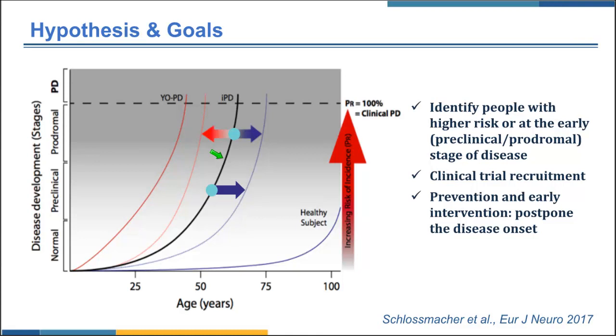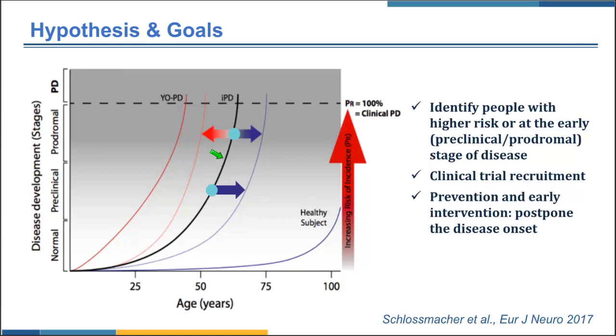So most PD patients will have motor onset around the age of 60 or so. As they get older, they will change from the normal state to having some preclinical traits, and maybe some prodromal symptoms before the motor onset, until they reach the criteria for being diagnosed with PD.